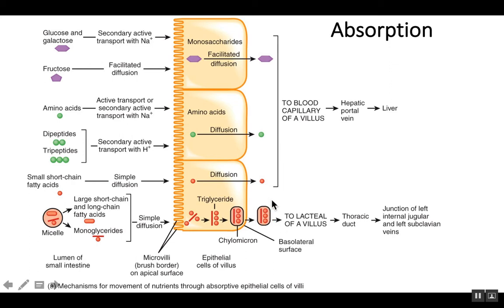So it's those chylomicrons that enter the lacteals and then eventually drain into our bloodstream via the thoracic duct, which is attached to the left subclavian veins. So there's a big difference here between absorption of monosaccharides and amino acids versus fatty acids.